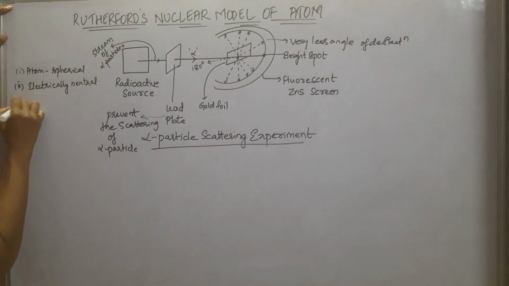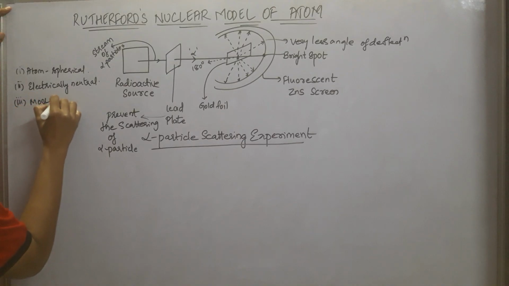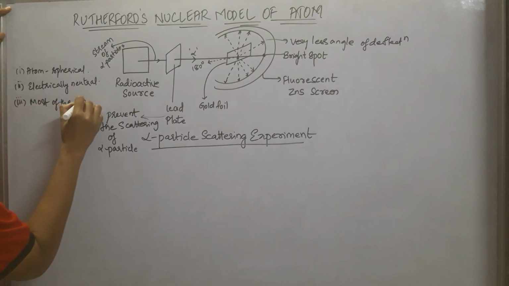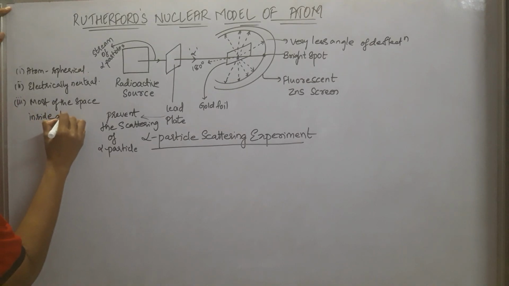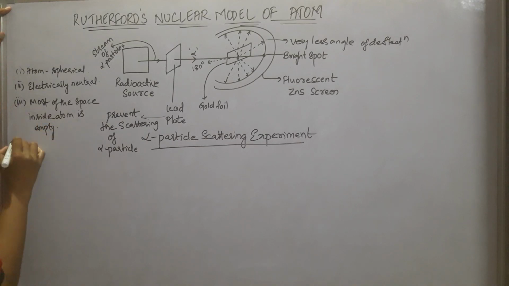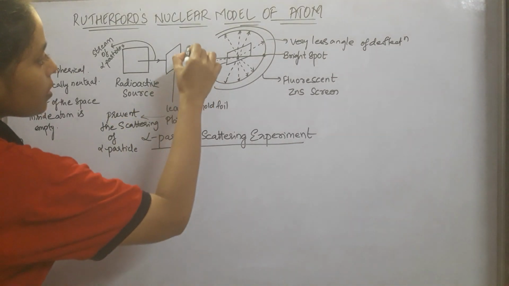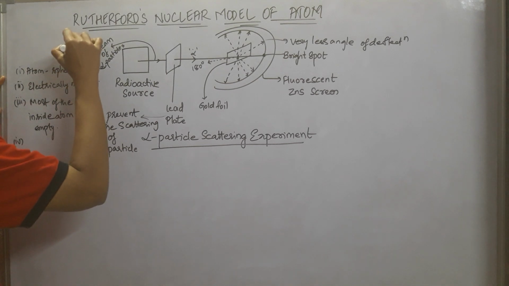As we can see, most of the alpha particles passed through the gold foil without any deflections, so most of the space inside the atom is empty. Very few particles showed deflections, so we conclude that these alpha particles are positively charged.